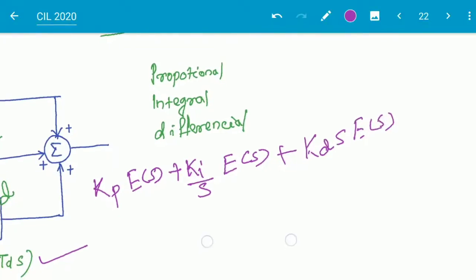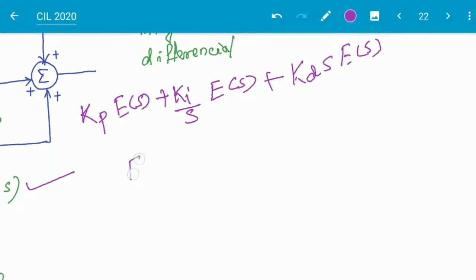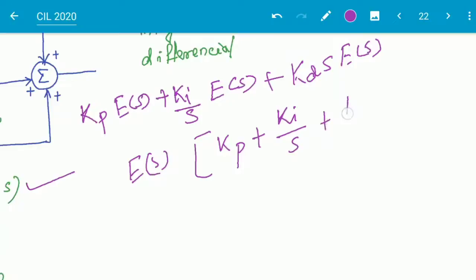If we take Es common, then it will be Kp plus Ki by S plus KdS.